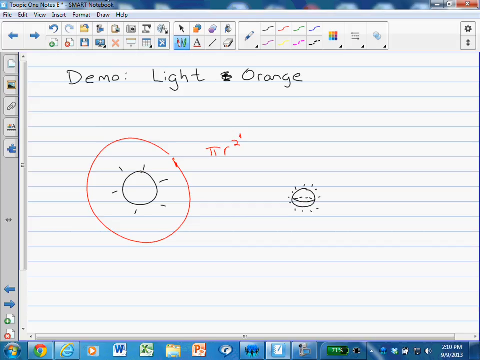But the area of certain amounts of light goes out in all directions around it, and that's more of a sphere, isn't it? Like that. Does that look at all like a sphere? Kinda, right?